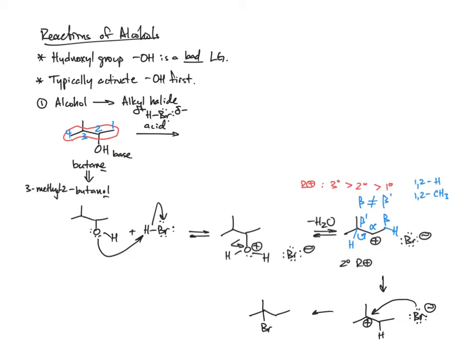And so if we were to name this, there's our numbering scheme. It's a butane derivative, so it would be 2-bromo-2-methylbutane.